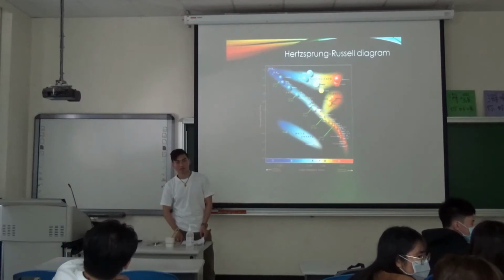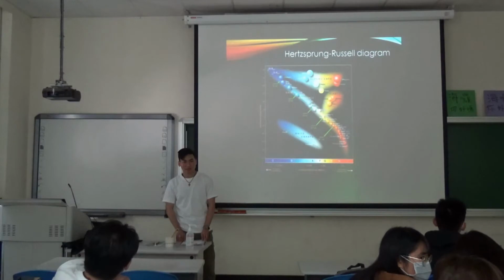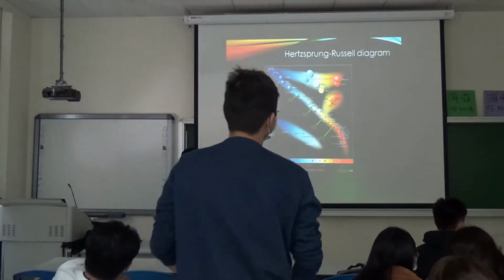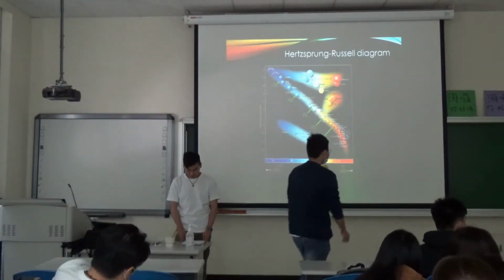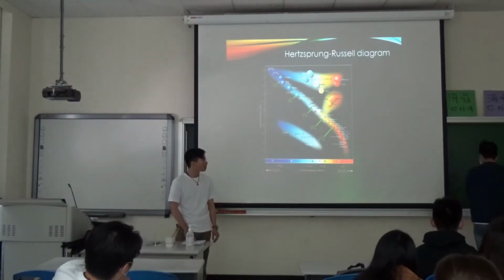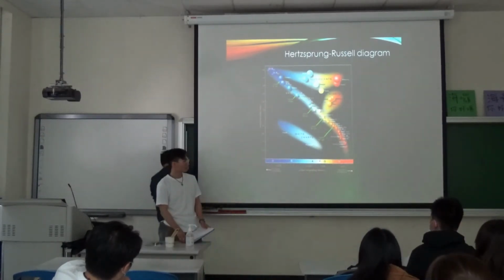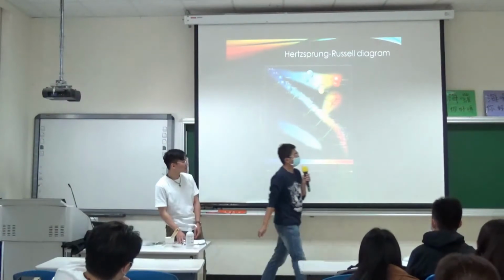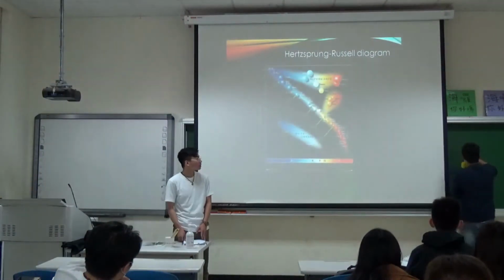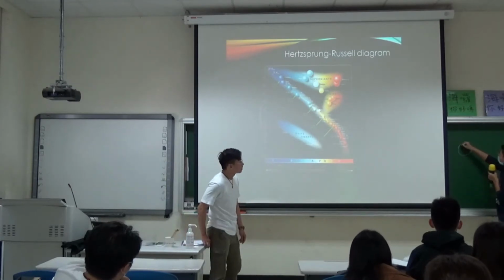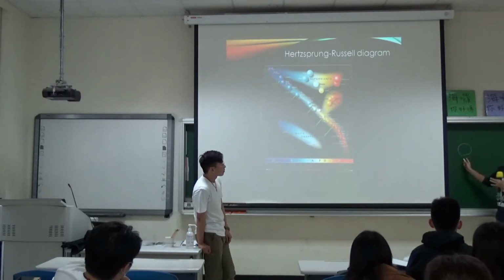Okay. Can I draw on the blackboard? Sure. If a star is a gas, it's not like our planet, which is rock. So maybe there is a core, and this is all gas, but it is burning.